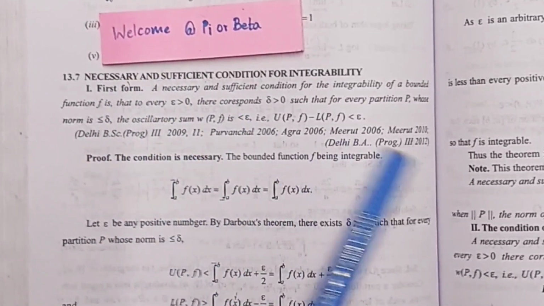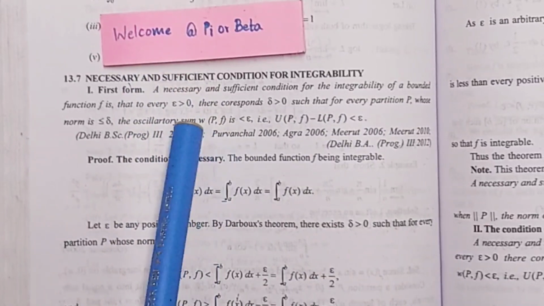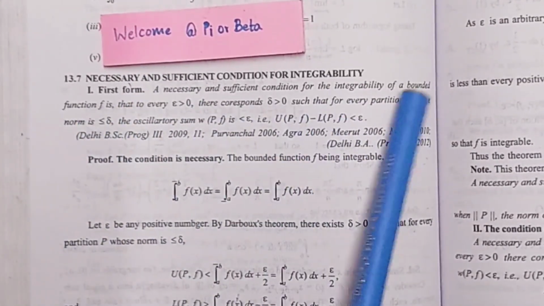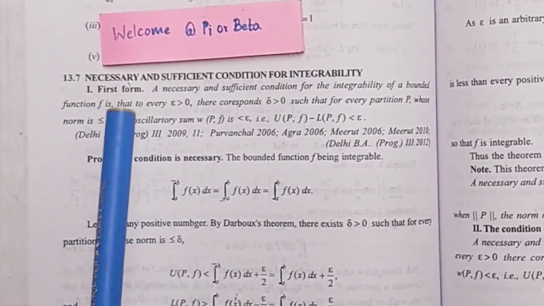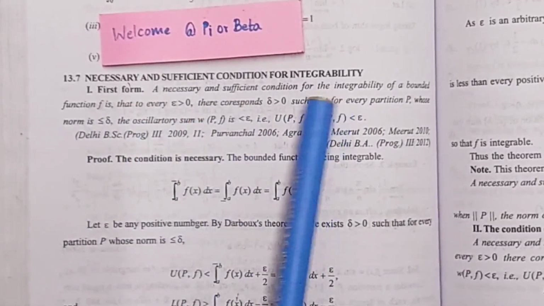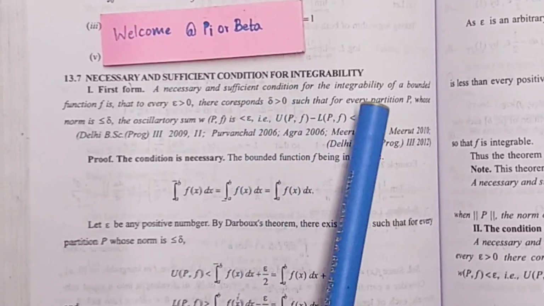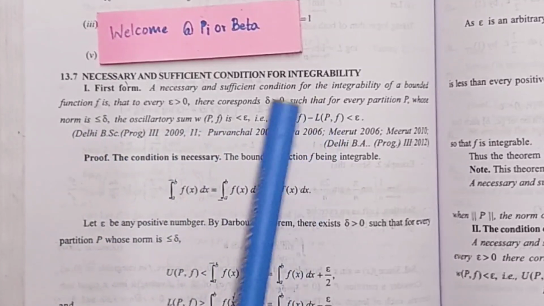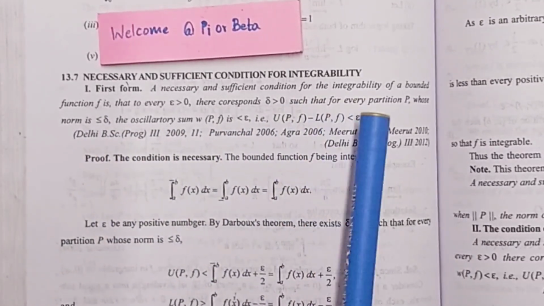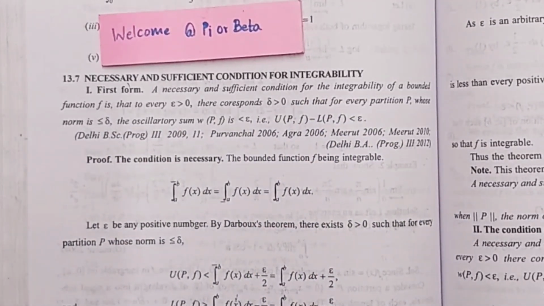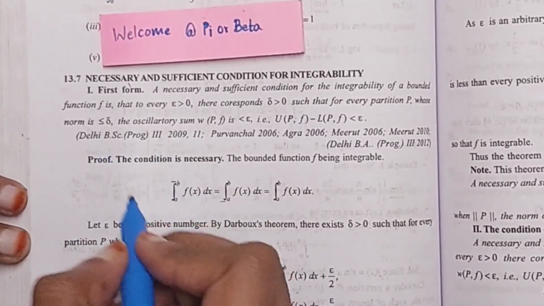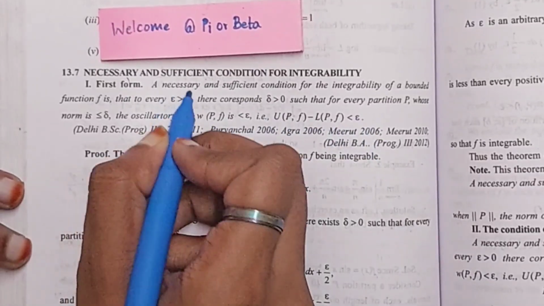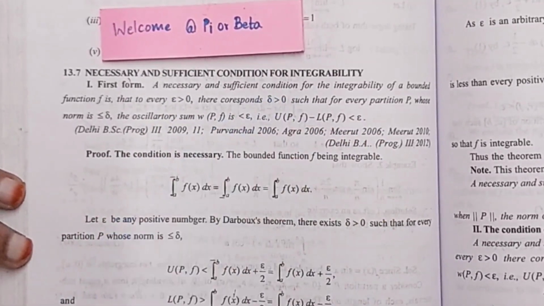A bounded function f is Riemann integrable if and only if for every epsilon greater than 0 there corresponds a delta greater than 0 such that for every partition P with norm less than delta, U(P, f) minus L(P, f) is less than epsilon. So f is said to be Riemann integrable if and only if this condition is satisfied.